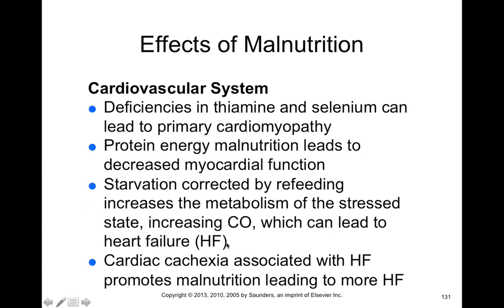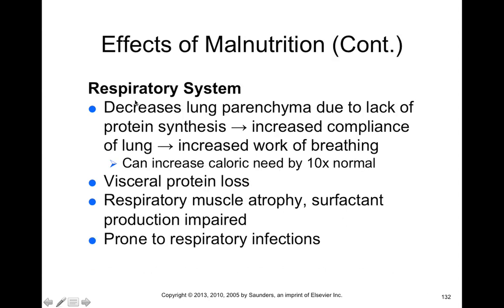So it can lead to things like heart failure. Although this increases cardiac output, it can cause heart failure. And cardiac cachexia or wasting is associated with heart failure and malnutrition, and that could be fatal.